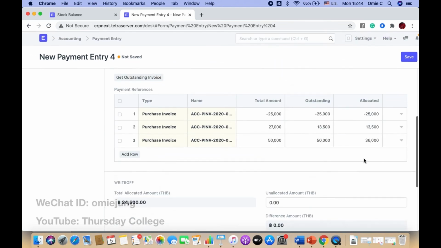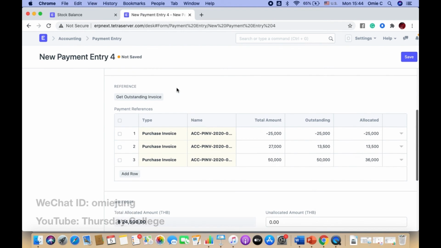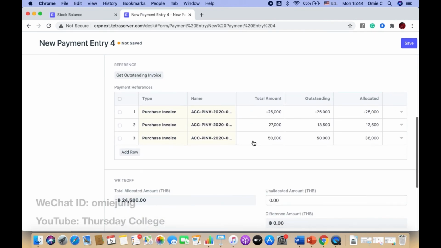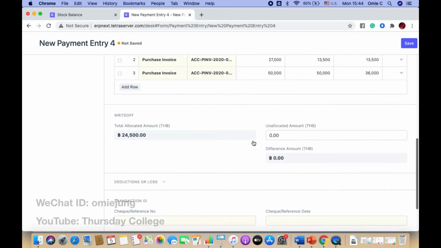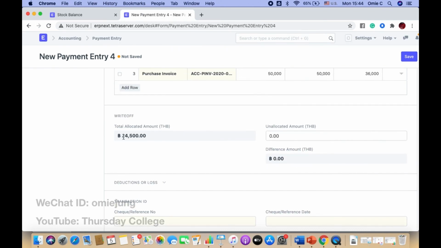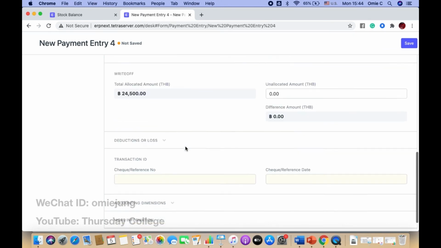I'm gonna pay only some amount of money, I didn't need to pay all. After I pay this money, I'm gonna have another payment left like this one, so what I do is I just pay only 4500. So this one is about the money that you negotiate, you can pay less or pay more.